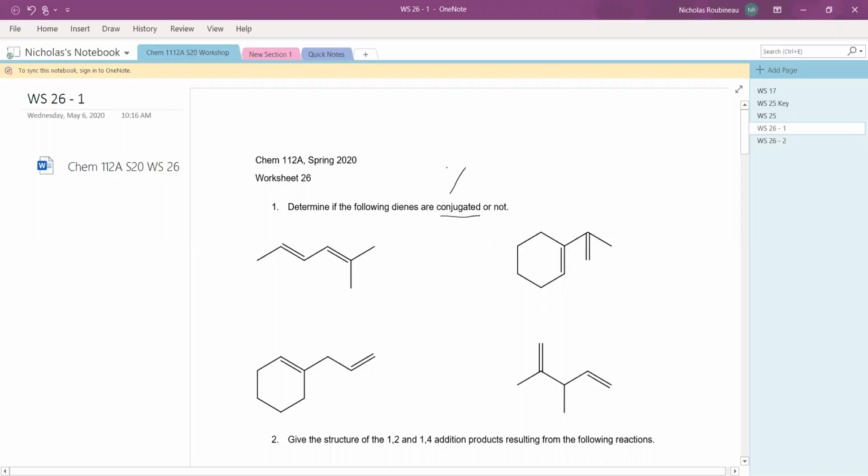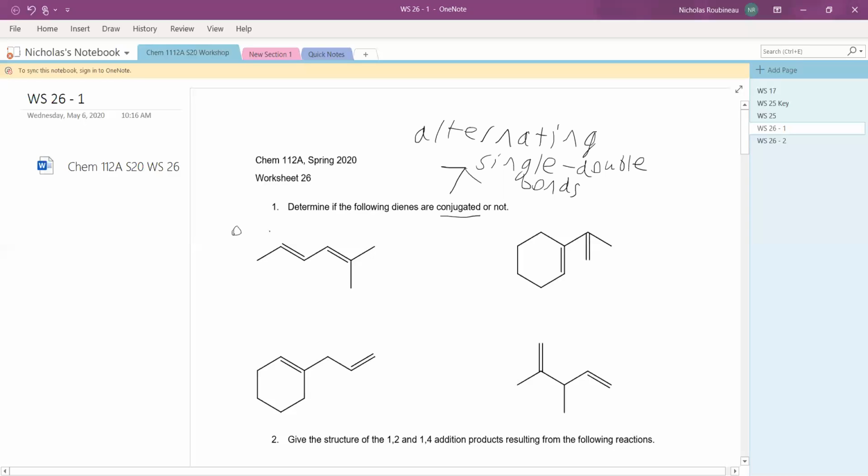Yeah, that's a good description. So basically there's only one single bond in between two double bonds. There's not multiple single bonds in between them.